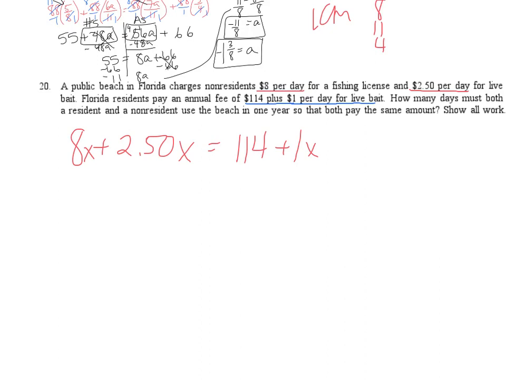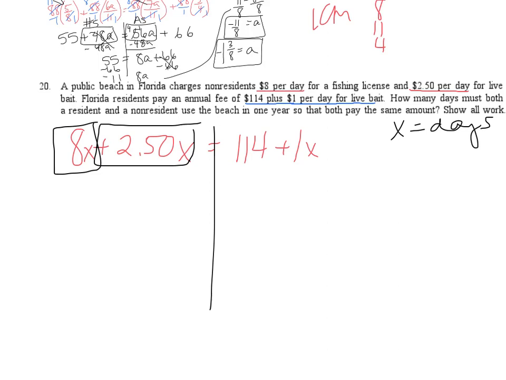So now I have my equation, and x stands for days in this. So I have 8x, I have positive 2.5x, and I have 1x. Well, I can see that these are on the same side, so I can go ahead and combine them. So 8x plus 2.50x would be 10.50x equals 114 plus 1x.